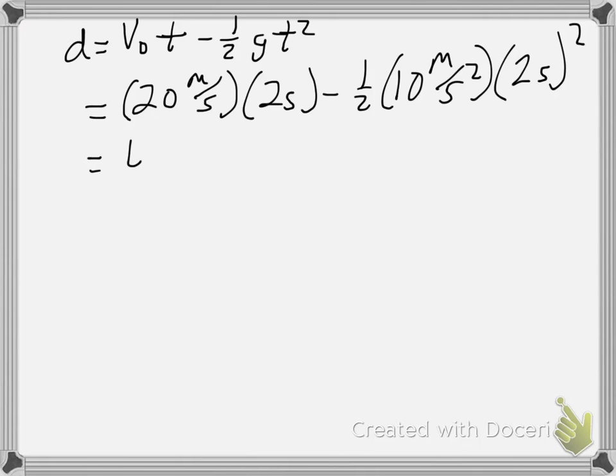So this is going to be 40 minus, well, 2 squared is 4, 4 times 10 is 40, you cut that in half and you get 20, and our second squared cancels out with our second squared here, and this should just be meters.